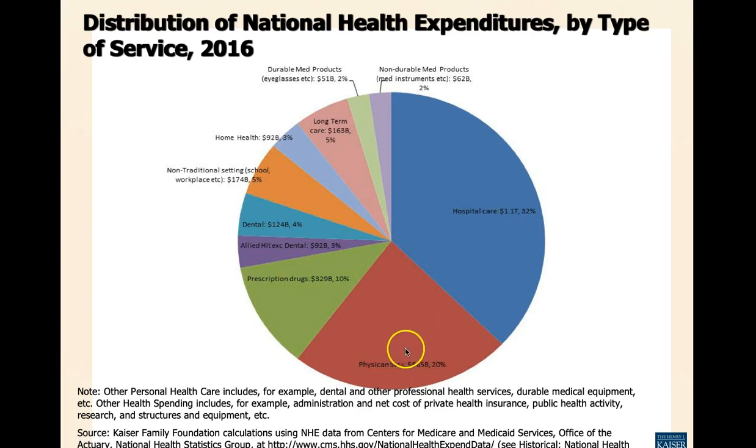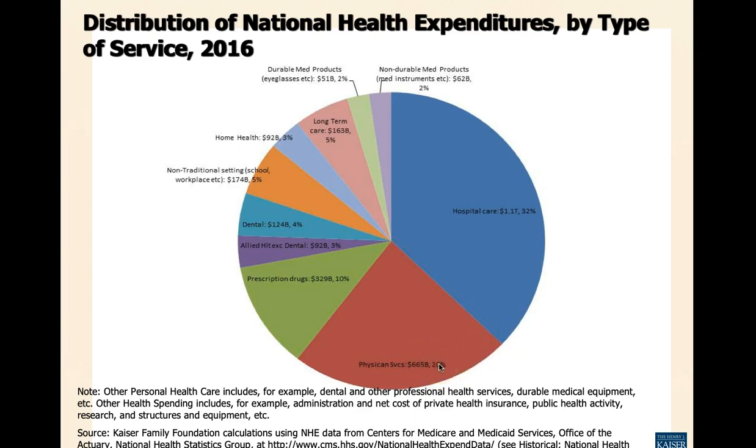What's really interesting, though, is that physician services are still the same percentage, about 19.9 or 20% of total healthcare expenditures. It was $515.5 billion in 2010, and it went up to $665 billion in 2016. Nonetheless, it's still about 20%.